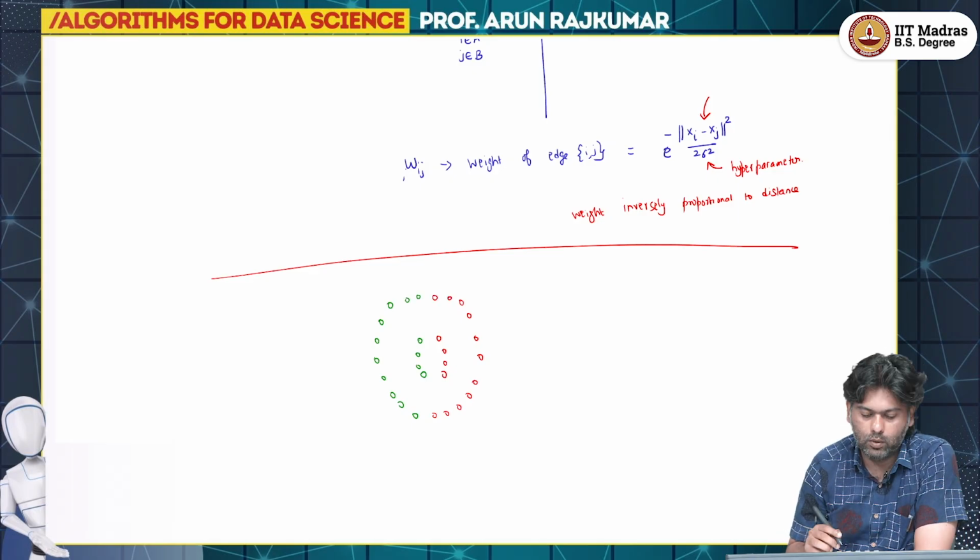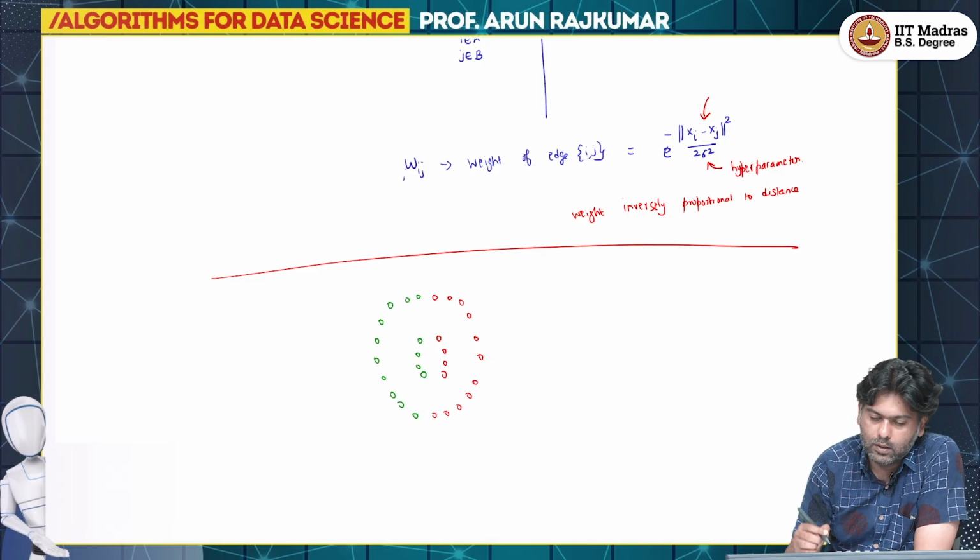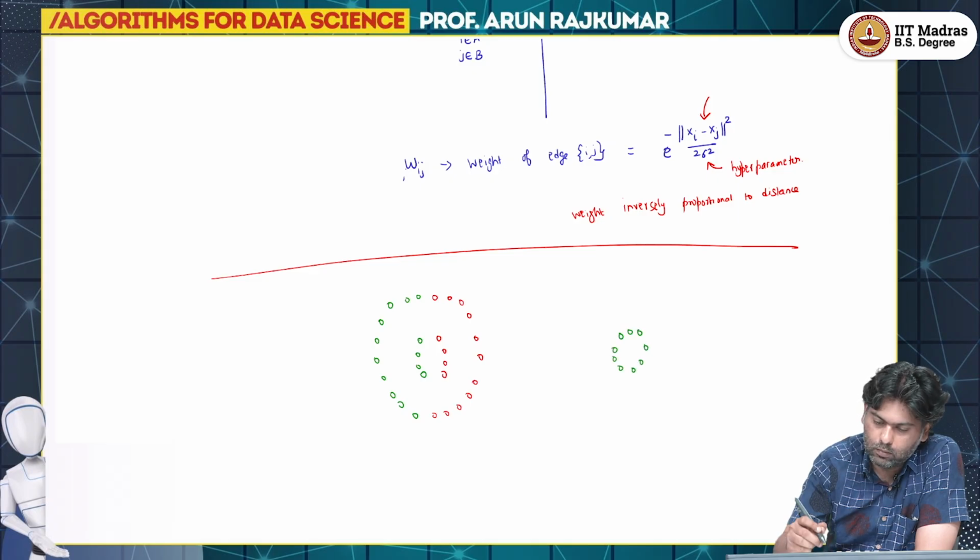So this is one way to cut the graph into two parts. Now the other way, which is something that we would want ideally, is this way.